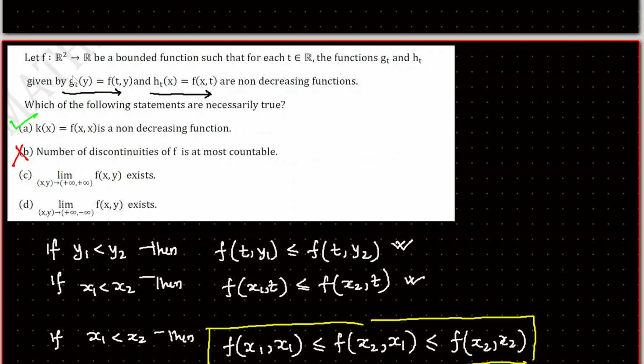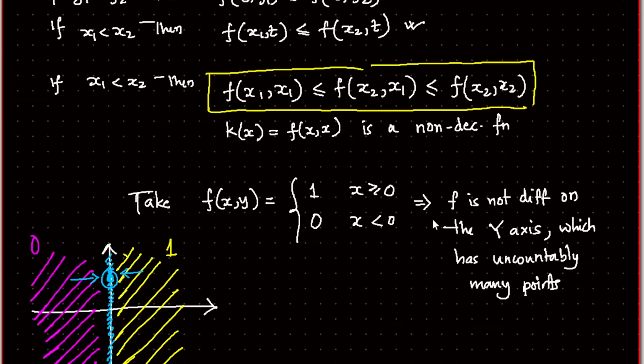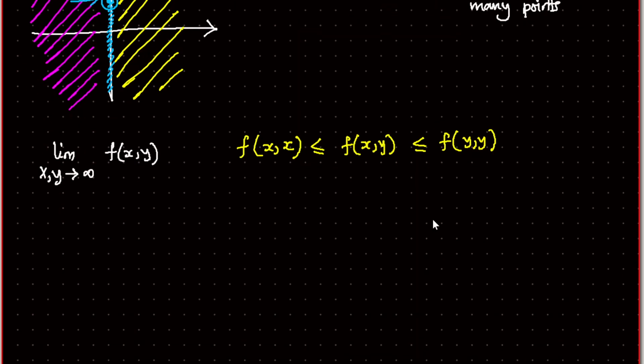It's also given that f is a bounded function. It means that the mod of f of x comma y is less than or equal to M for some big positive number M. It also means that the supremum of f of x comma y is less than or equal to M.